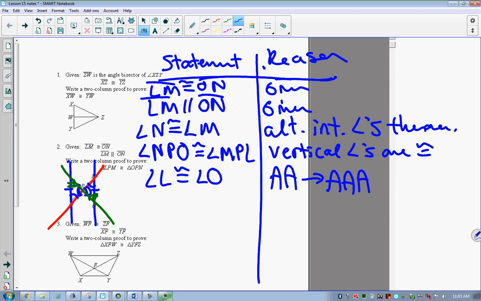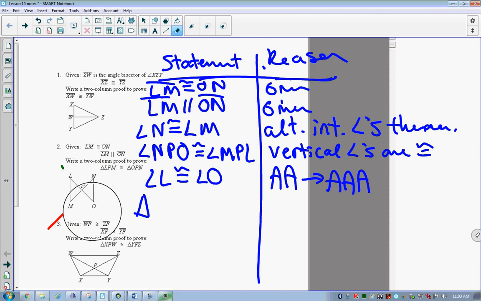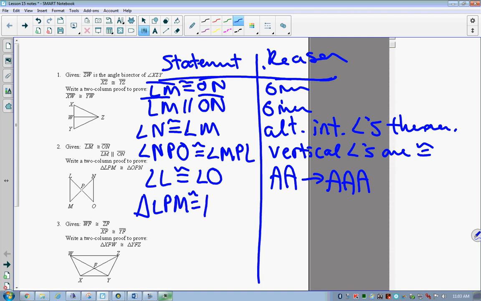Okay, so triangle what? Let's use what they actually asked me to do. Okay, LPM is congruent to triangle OPN through what? What did we use? Angle, angle, angle, side, congruency postulate.